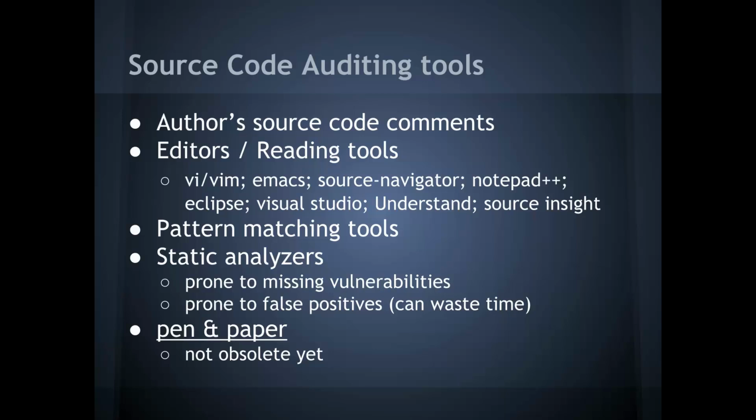Then that invokes the VI, Vim, Emacs debate. And then there's pattern matching tools and regular expressions. grep finds bugs if used properly. We will cover that in just a little bit. There are static analyzers. There's lots of software out there, Coverity.